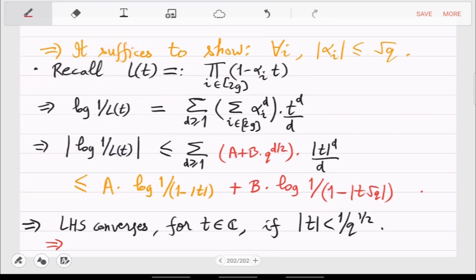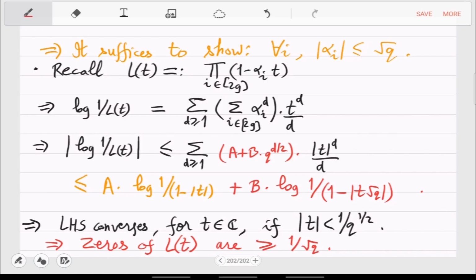So the zeros of LT are greater than or equal to this, right?